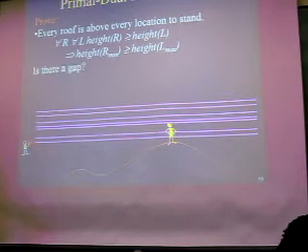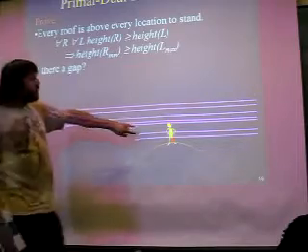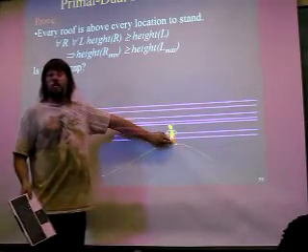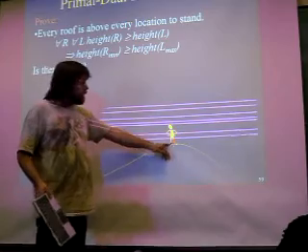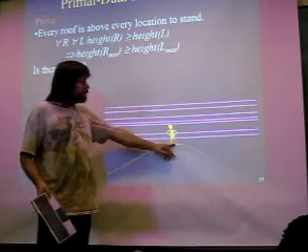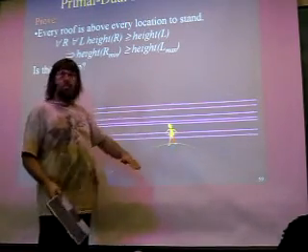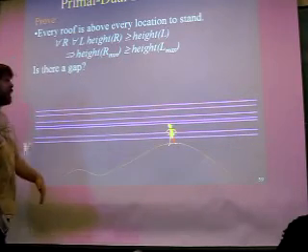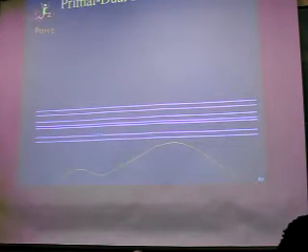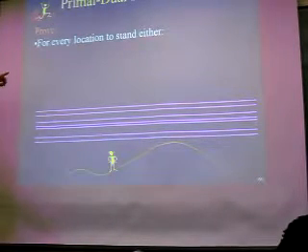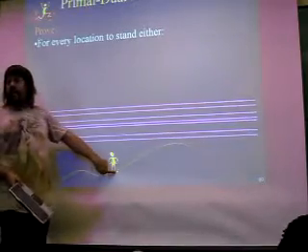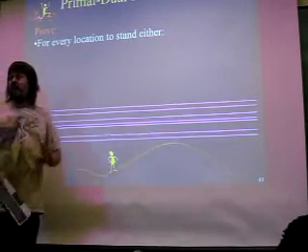Now, one question is whether there's a gap here, whether the highest place to stand is strictly below the lowest roof. And our goal is going to be to prove that actually, no, there's no gap whatsoever. They touch. And what do you have to prove? We have to prove that for every place to stand, one of two things is possible.